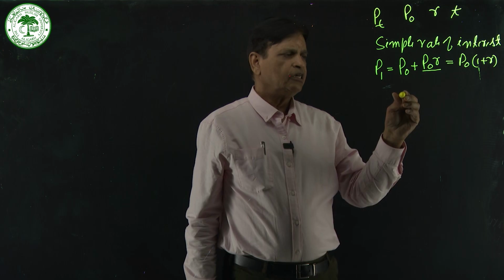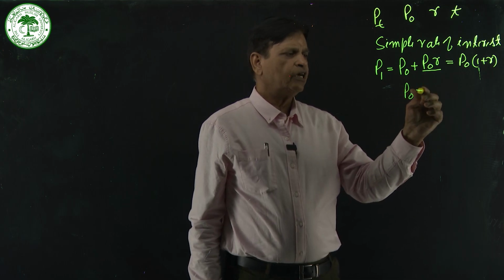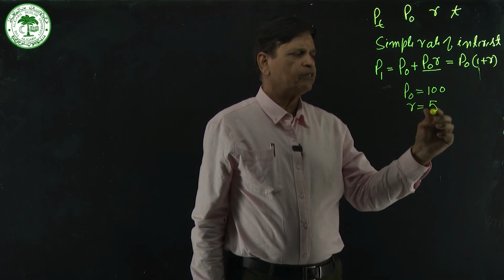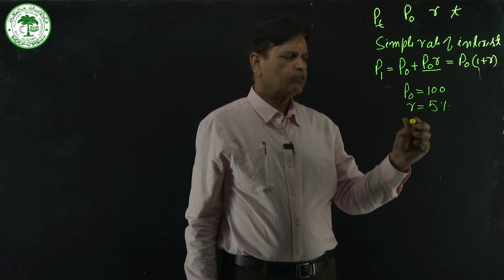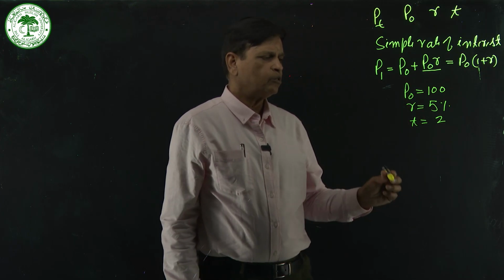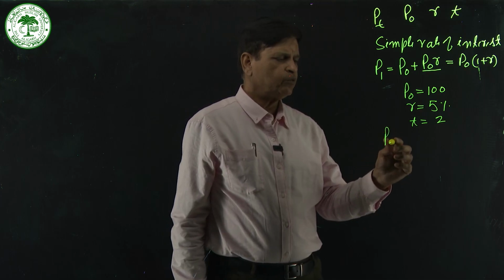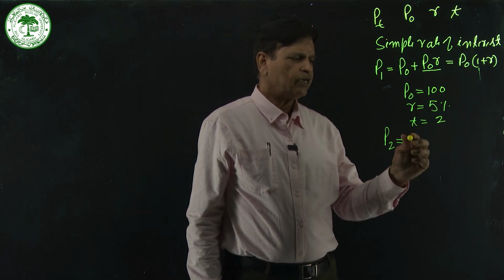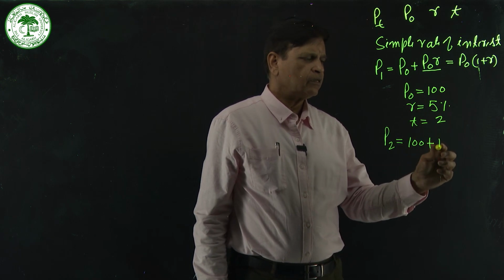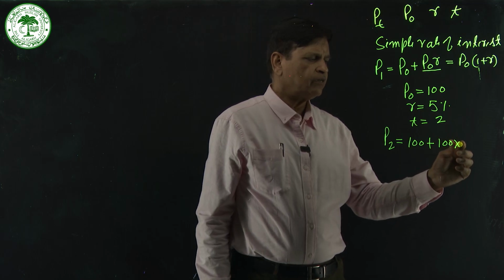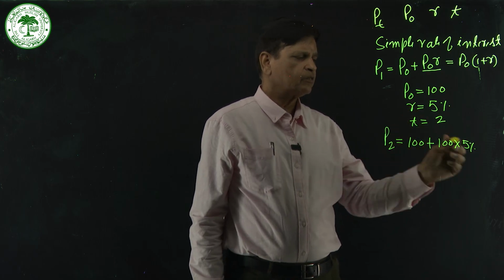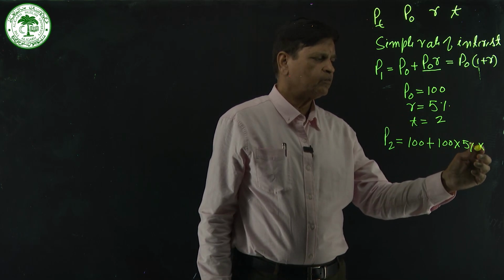For example, suppose P0 is rupees 100 and R is 5% and suppose T is equal to 2. So we see the amount P2 will be equal to 100 plus 100 multiplied by 5%, and this is for 2 years, so you multiply it by 2.